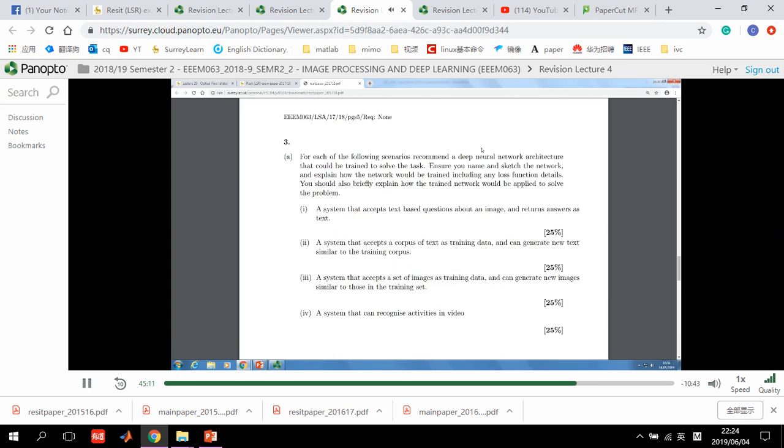system that can recognize activities in video. This is another example of a 2-stream network, one stream for each modality. So for a video frame, we take that video frame and push it through an AlexNet or some other network, could be GoogleNet, some contractive network.